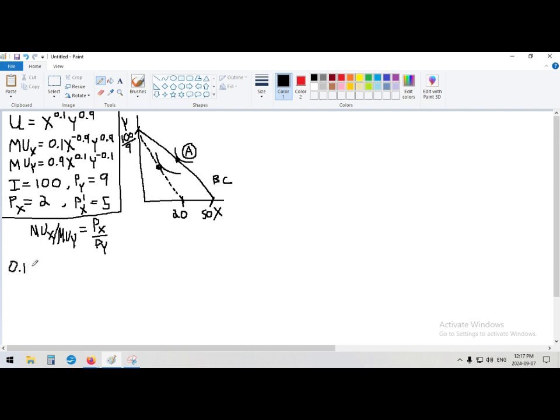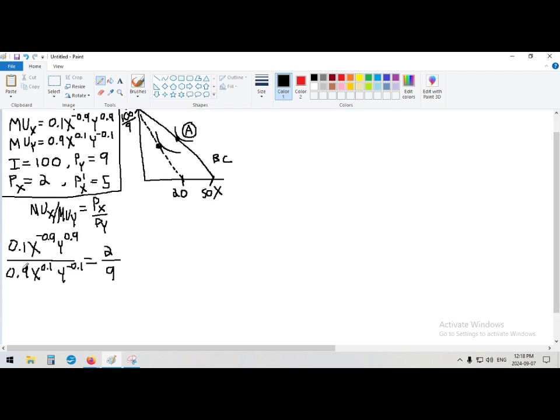MUX is 0.1, X to the negative 0.9, Y to the 0.9, and then we write the marginal utility for Y equation on the bottom. And then over on the right-hand side, we have to use the original prices. So P of X is 2, and the price of Y is 9.